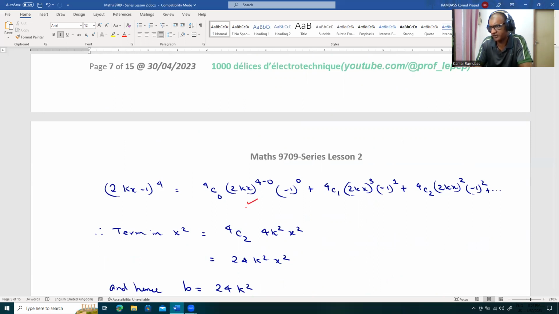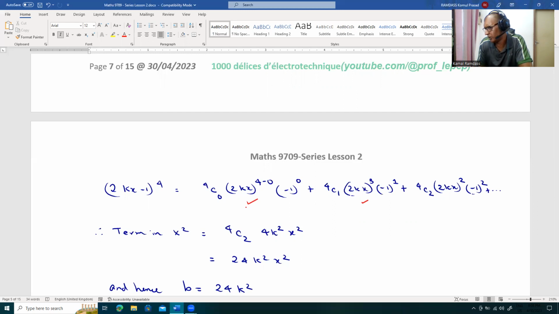The first term is a term in x to the power of 4. The second term is a term in x to the power of 3. And the third term is a term in x squared.